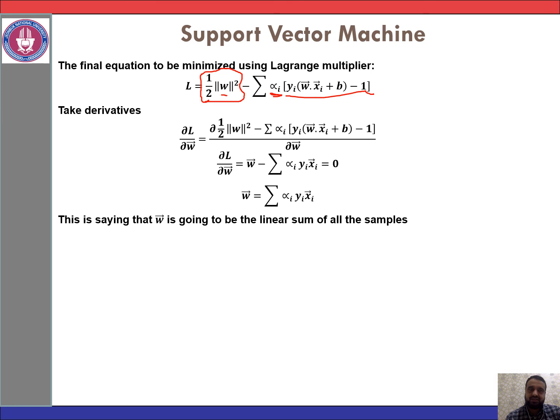So whether it is minima or maxima, the derivative there will be 0. So we will set it to 0, and then after setting it to 0, we will get the values of W.